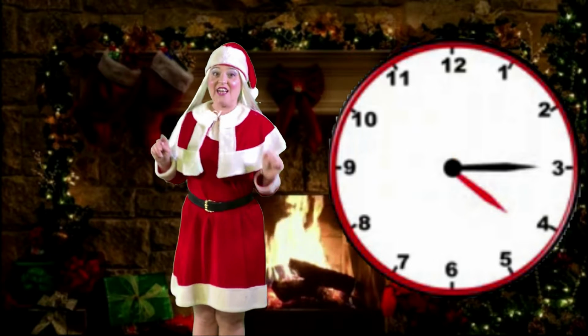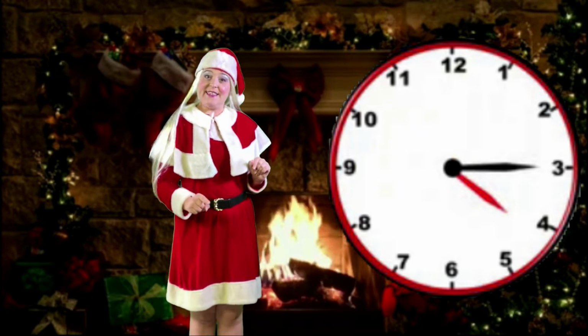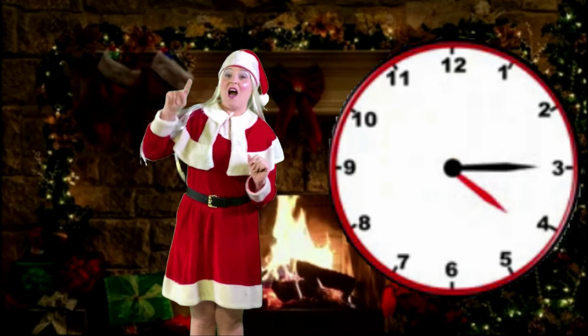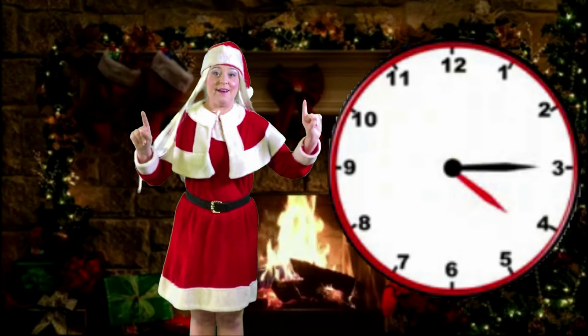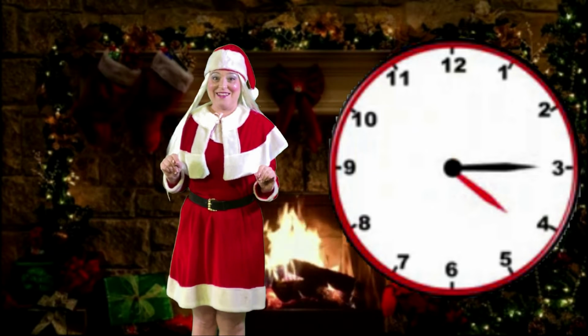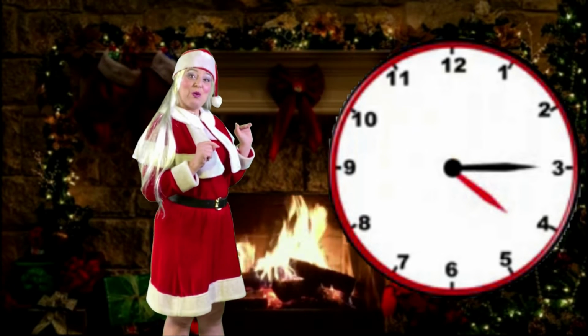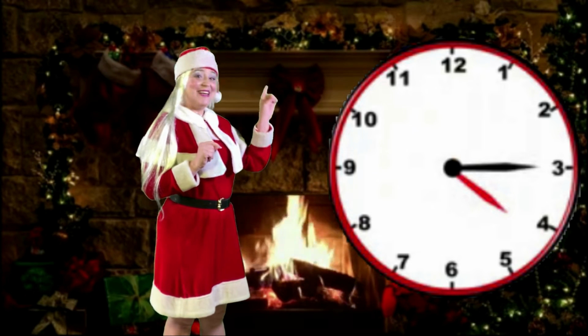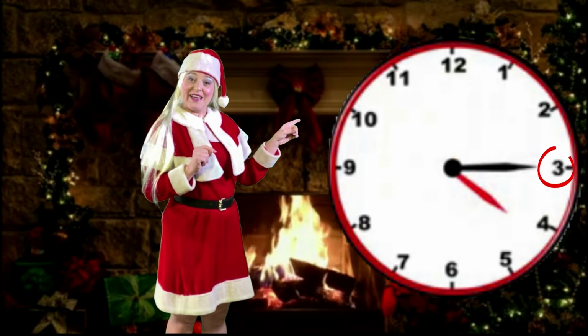In our last lesson, we focused on times quarter past the hour. Today, we are going to be looking at times half an hour later than quarter past. We know that quarter past is the 3.